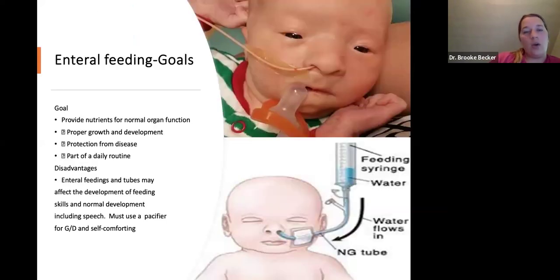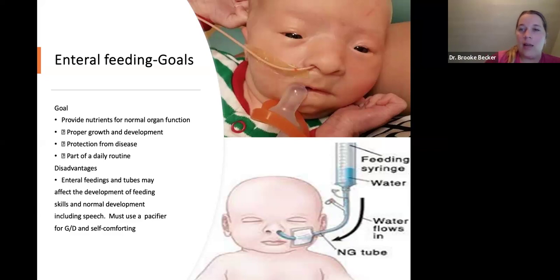Okay, enteral feeding goals. So the goal is to help with normal organ development, normal growth and development. So some infants that especially are early, like premature infants, may struggle with bottling. So they may need enteral tube feedings for a period of time.